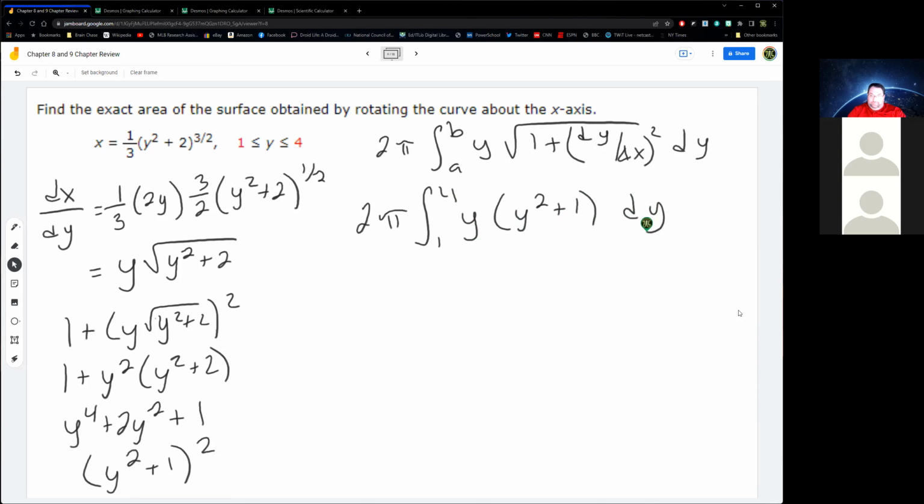One to 4 y times y squared plus 1 dy. Hey, Professor, how did we get rid of the second y there? In the top left, there's a 2y that we started off with, and I didn't get rid of the y, I got rid of the 2 because it's 1/3 times 2 times 3/2, which is just 1. The y is still there.